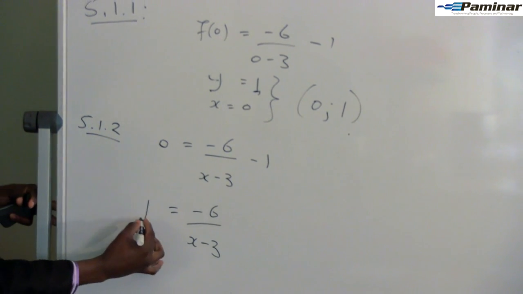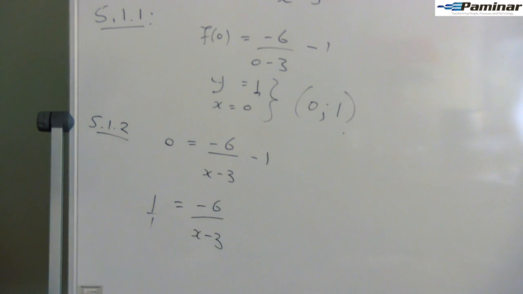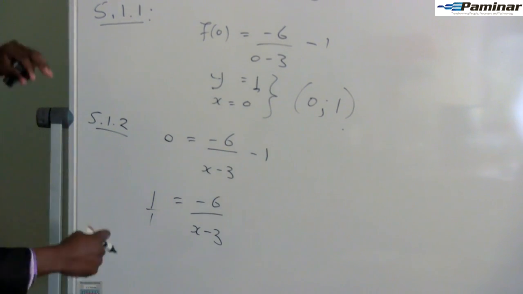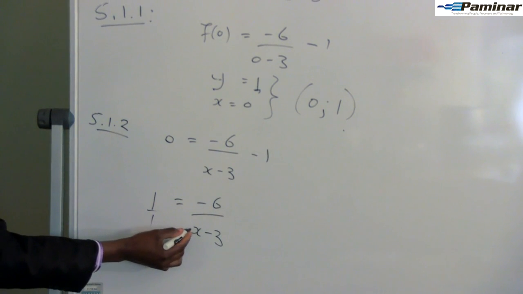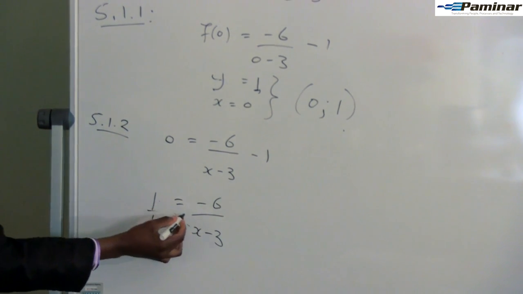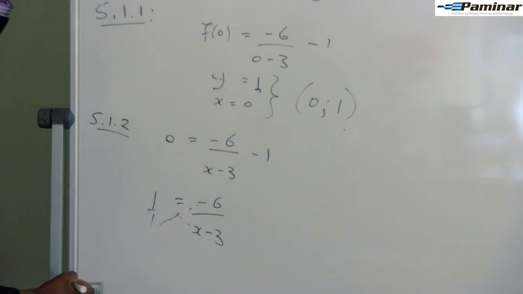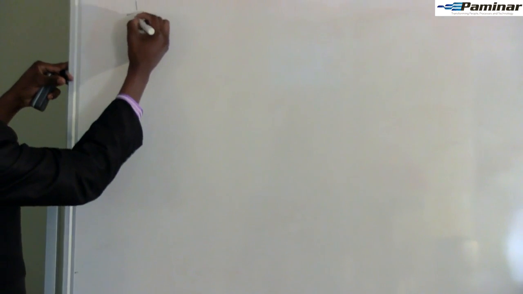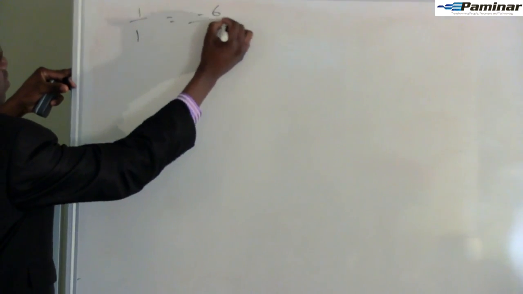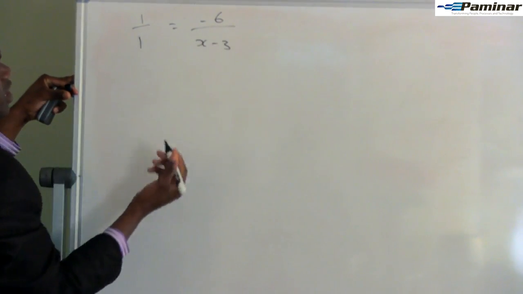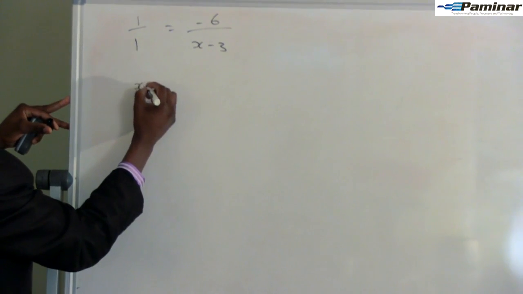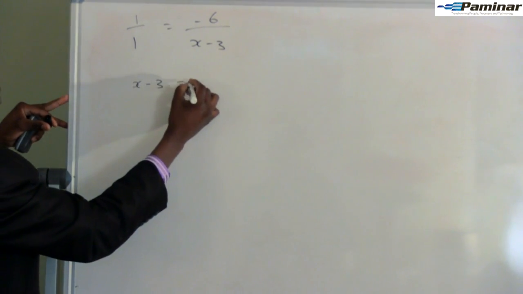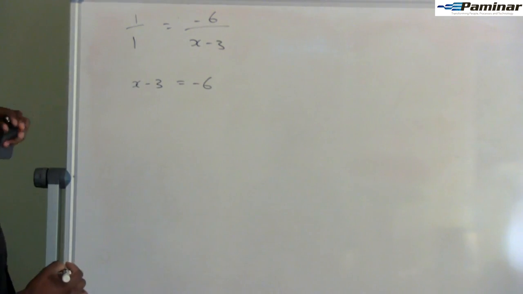1 is like 1 over 1, isn't it? So 1 over 1 is equal to minus 6 over x minus 3. Cross multiply, so this one multiplies by that one. Meaning we get x minus 3 is equal to minus 6.